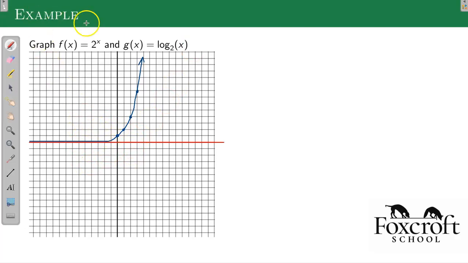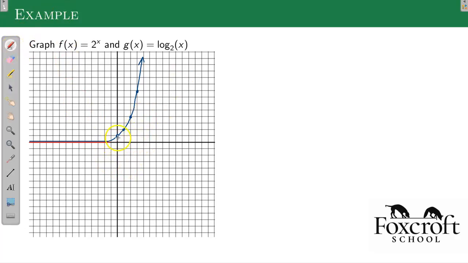And now we want to graph our logarithm. Again, remember all logarithms do is flip the points. Just so it's not confusing, I'm going to erase the horizontal asymptote over here so it doesn't interfere with our other graph. Now let's graph the logarithm.